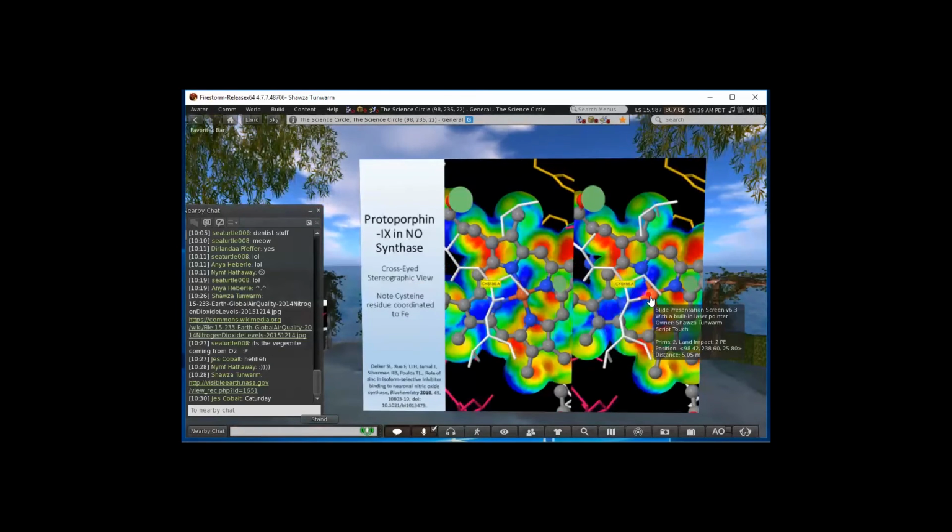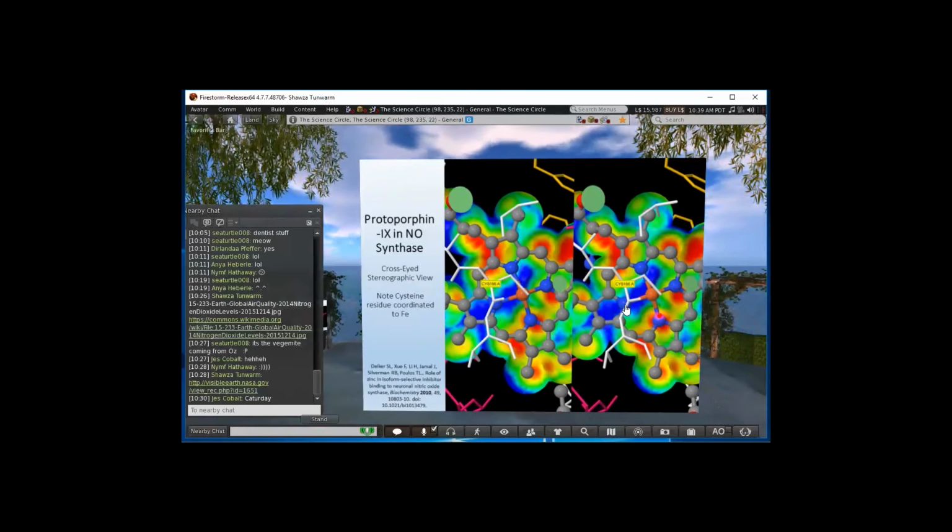Okay, here is a stereographic view of the heme group. I keep using that word, heme group. Basically, the heme group is an iron atom. So here's an iron atom, that kind of browny orange thing, and it's held in place by 4 nitrogen atoms. Each nitrogen is part of a 5-membered ring.